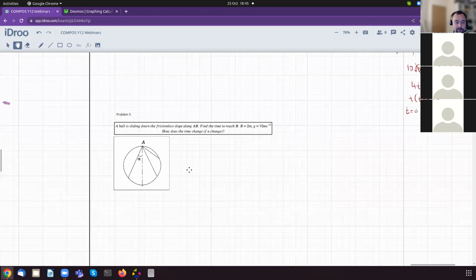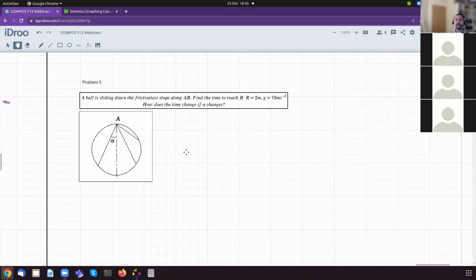Problem 5. I really like this question because it's so counterintuitive. To reach B, find the time to reach B. B is here.